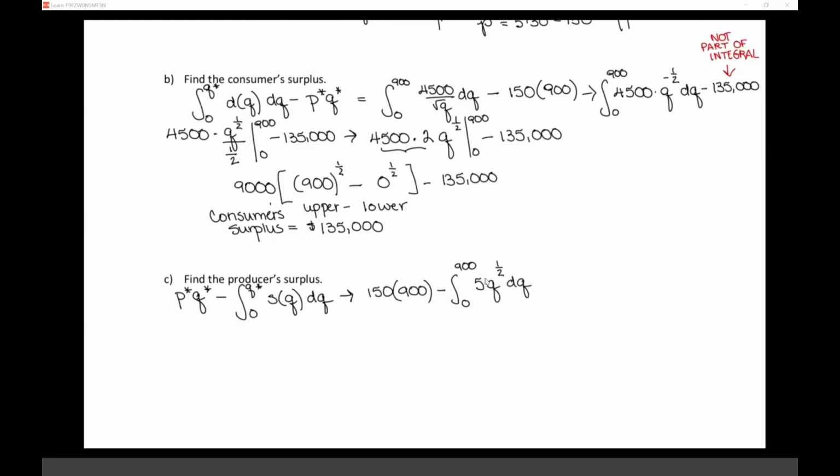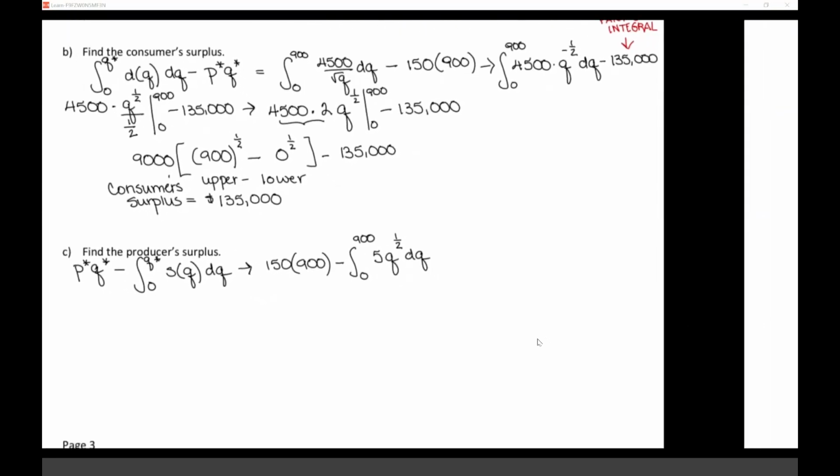The supply equation is 5 times the square root of Q, and I'm just writing it with an exponent to make the integration easier to do with the power rule. So again, here's P star, Q star, here's another Q star up here as your upper bound, and here's the supply equation.